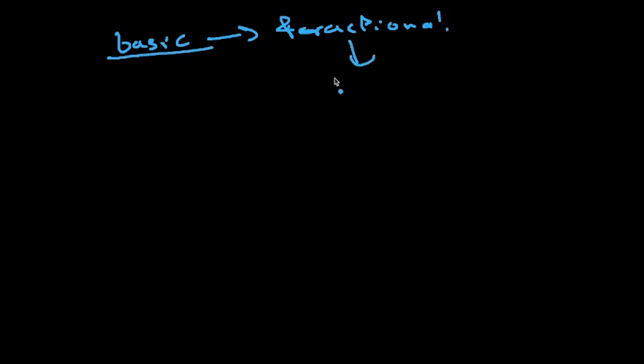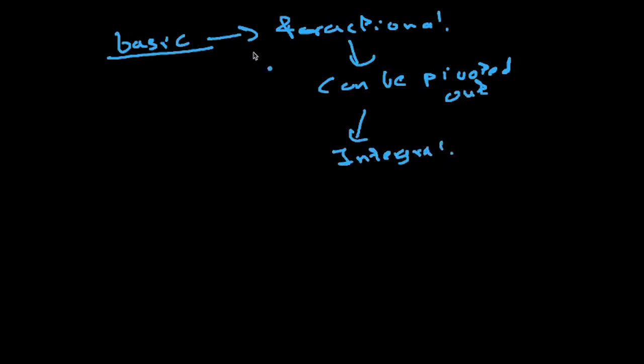Okay, so let's say we have some basic variable that can take a fractional value, and let's say that this basic variable can be thrown out of the basis, can be pivoted out. If it is pivoted out, then it will move to one of its bounds, right? So in that case, the bounds will be integral, so this variable will be integral.